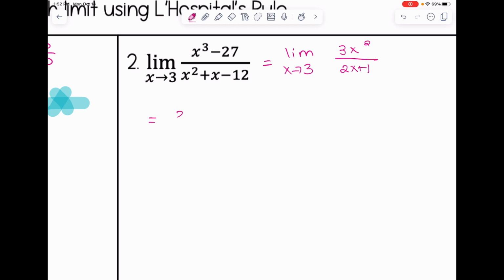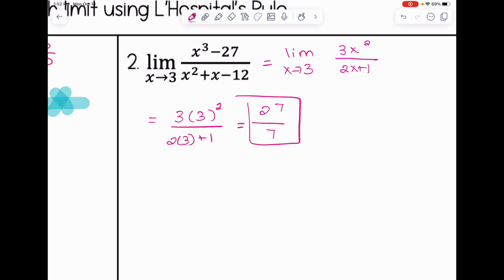So this is equal to 3 times 3 squared over 2 times 3 plus 1 in our denominator here, excuse me, the numerator should be a 3 times 3 squared. So 3 squared is 9 times 3 is 27, and that's over 7, and that will be our answer here, 27 over 7.